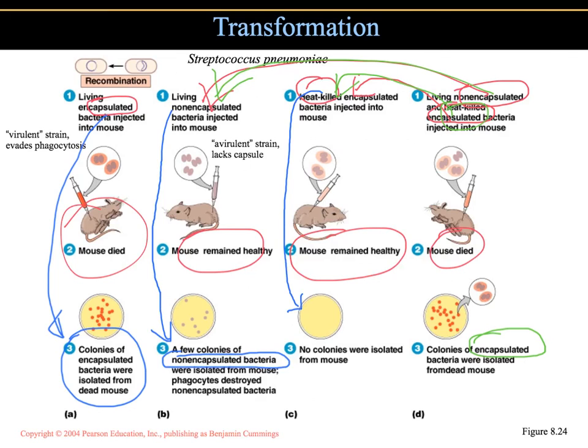That's exactly what happened here in this transformation experiment. The living non-encapsulated bacteria encountered the DNA of the heat-killed encapsulated bacteria, and they incorporated that virulent gene into their own genome, and then they began making capsules.